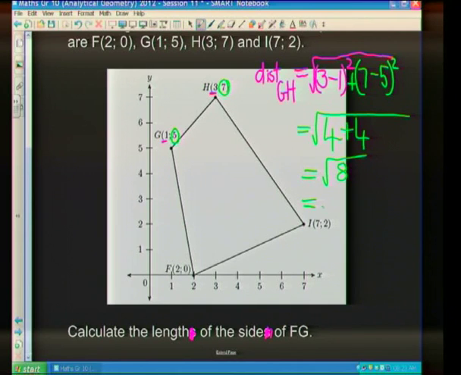I could say 8 is 2 times 2 times 2, so therefore I can take out a 2, and that is 2 root 2. So that would be my answer in simplest surd form. Obviously, if I'm asked for the length correct to 1 decimal place, you will then put that in your calculator. Right, so that's the length of side GH.